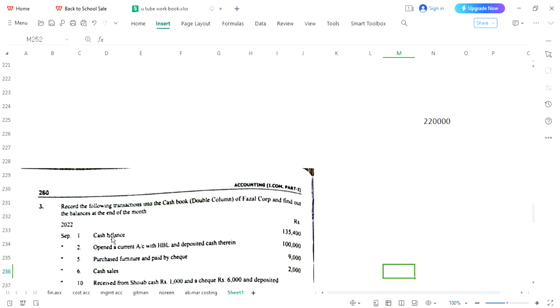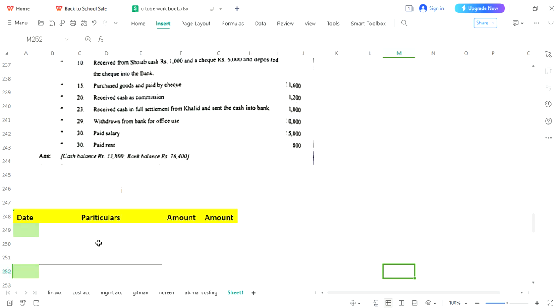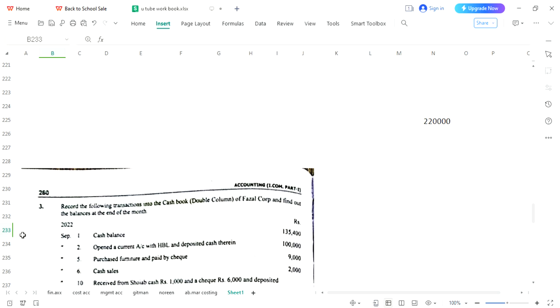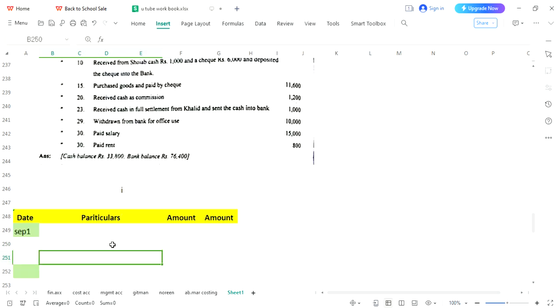So let's start. This is September, and September first entry we are going to put. Here we will put the date September 1, and over here it has been said it is cash balance. Let's put the narration. It is cash balance, which means it is cash in hand.